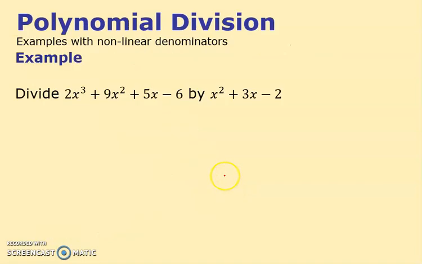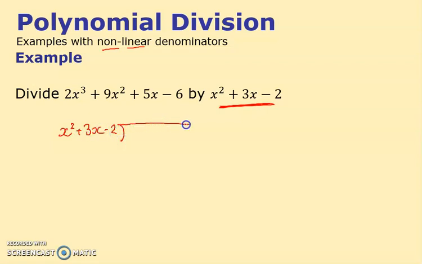Okay, next one. Polynomial division is just a posh name for what we've just done. But notice it says we've got non-linear denominators. That's because I'm dividing by this this time. So let's have a go at this. This is a bit more tricky, but not much. Probably be finished quicker as well.